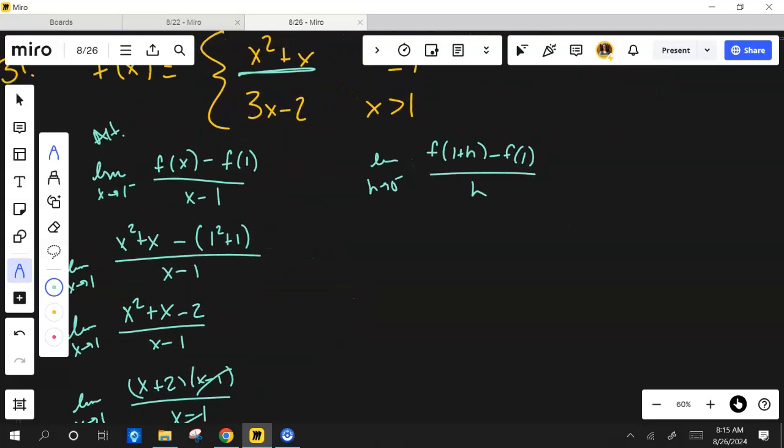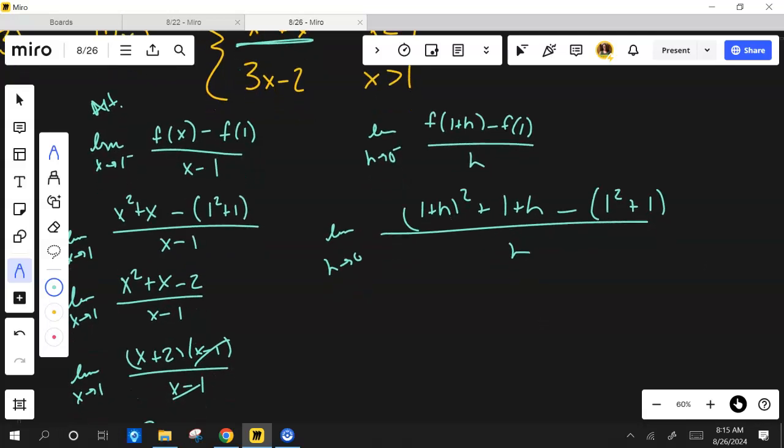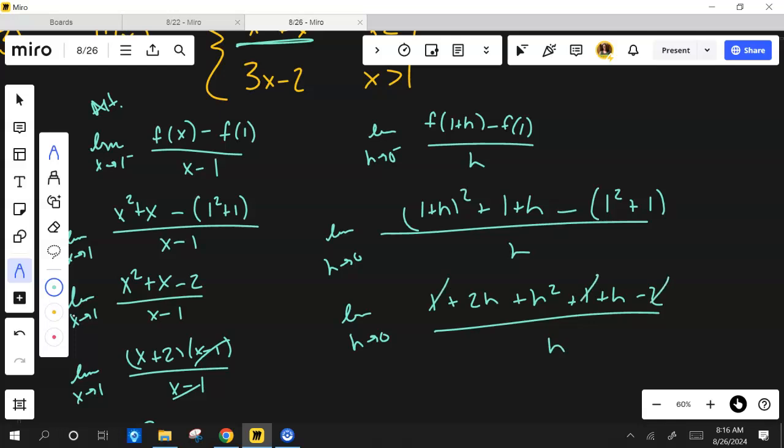if you use the alternate formula, you have 1 plus h squared plus 1 plus h minus 2 over h. I'm going to 0 this time. Difference quotient. That is correct.